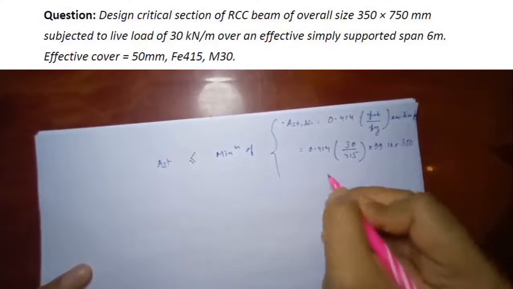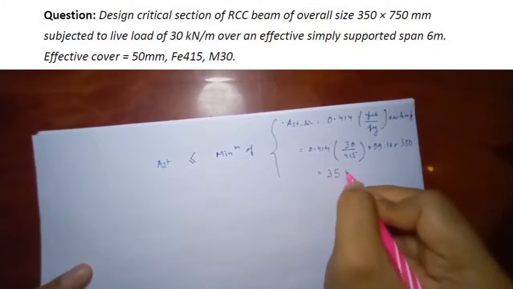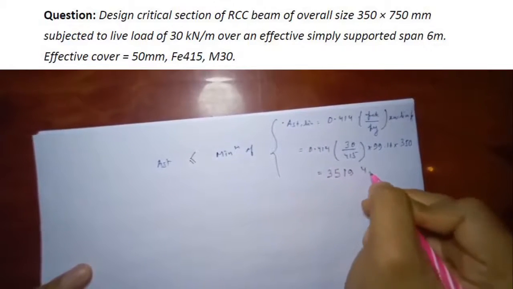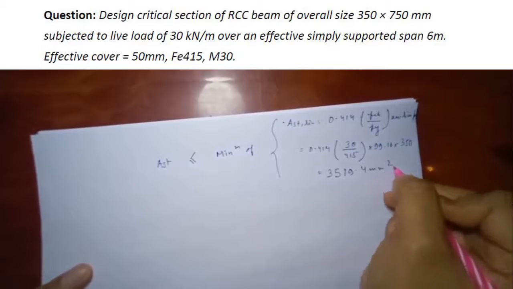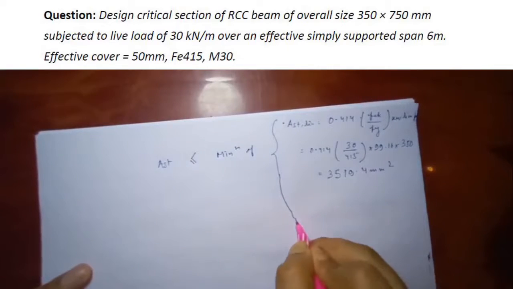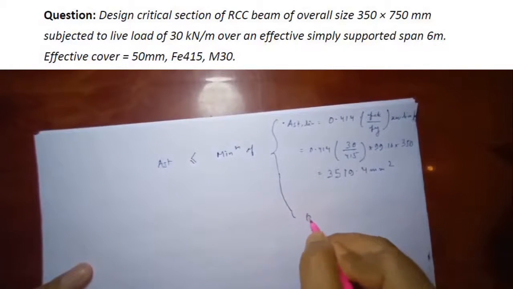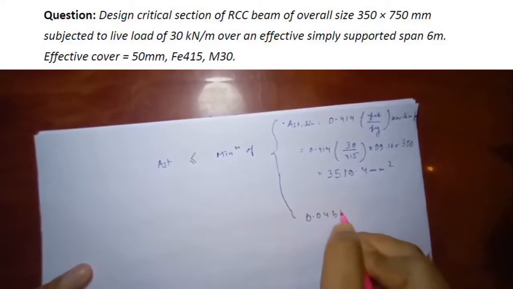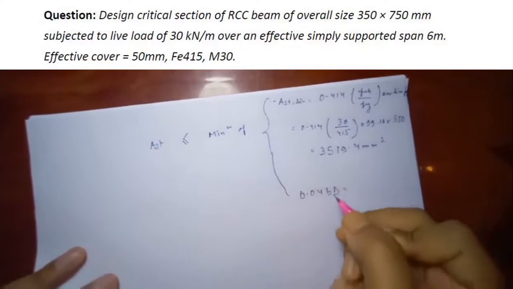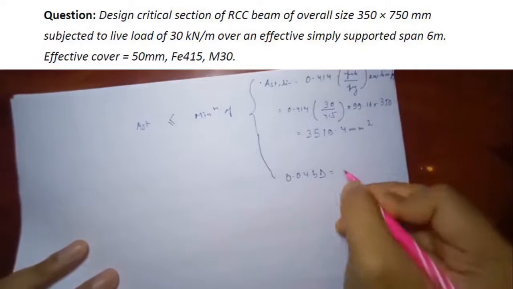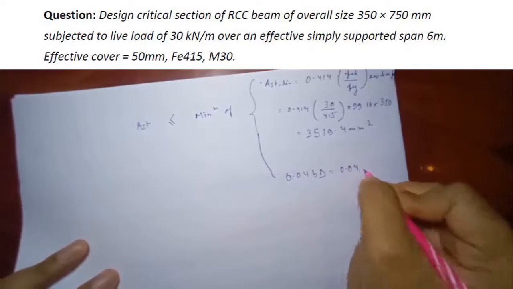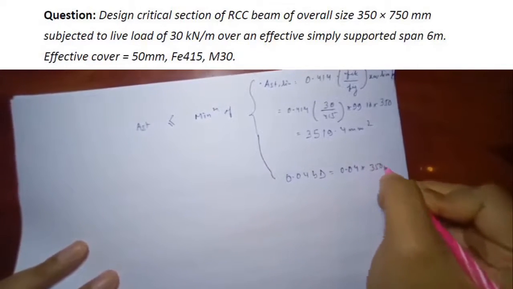So therefore it is equal to 3519.4 mm square. And also the other thing is it should be 0.04 times BD, that is the gross area, and that is equal to 0.04 of 350 cross 750.